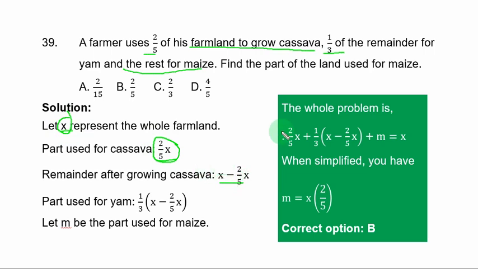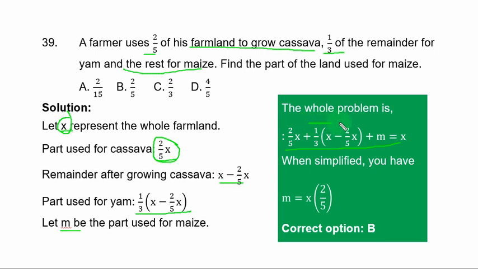Now 1/3 of the remainder is used for yam, that is 1/3 of the remainder is this. We are asked to find the part of the farmland used for maize. Let that part be M. So if you add everything together, the part used for cassava, the part used for yam, and the part used for maize, everything equals the farmland, and that is what you have here. So you open the bracket.